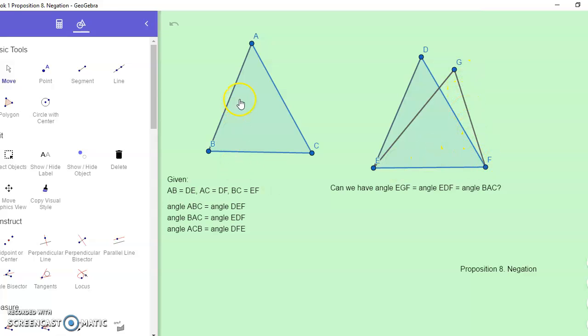GF not equal to AB and AC, can we have angle EGF that would be equal to EDF and BAC? Because if yes, then the proposition 8 must be invalid. But we really cannot have an angle EGF that would be equal to the angle here in triangle DEF and the angle here in triangle ABC.